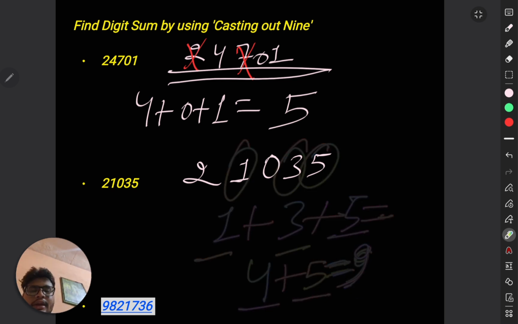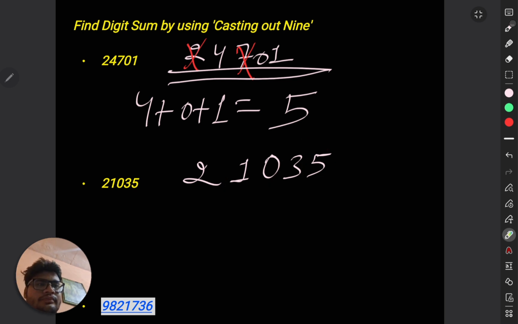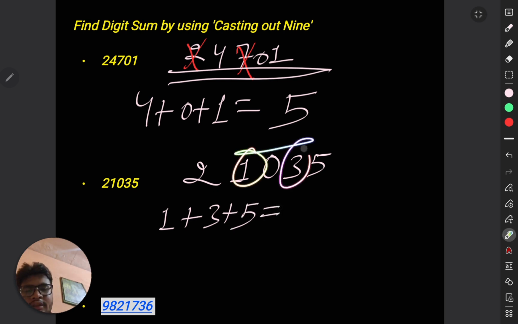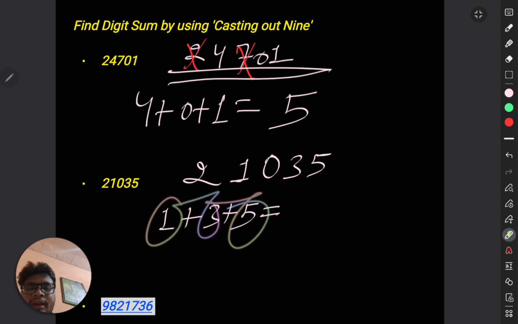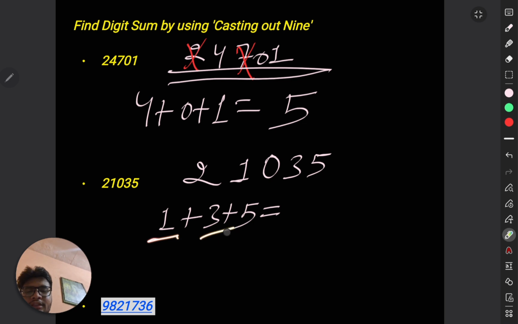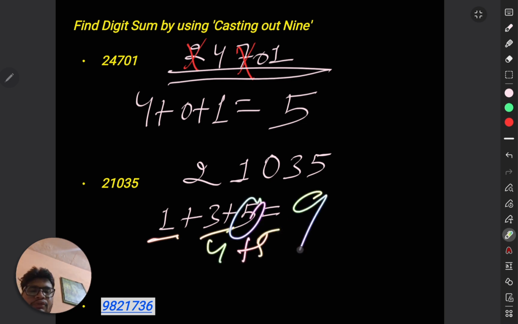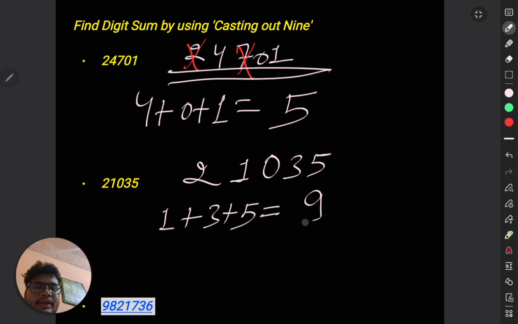So we will add 1 plus 3 plus 5. 1 plus 3 is 4, plus 5 is equal to 9. So we will get 9.